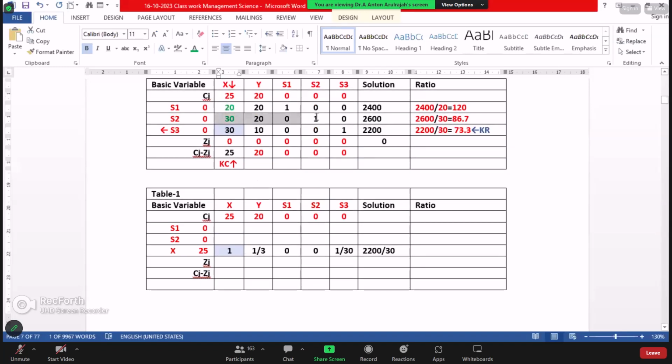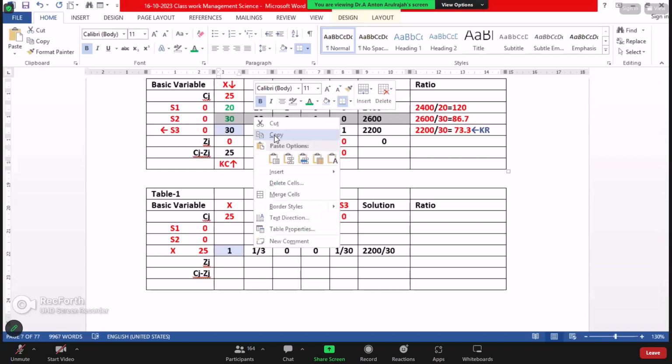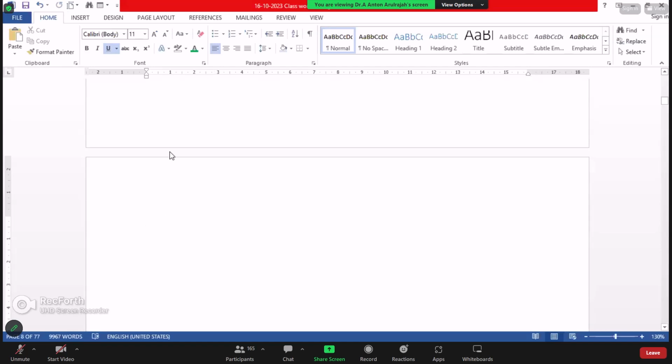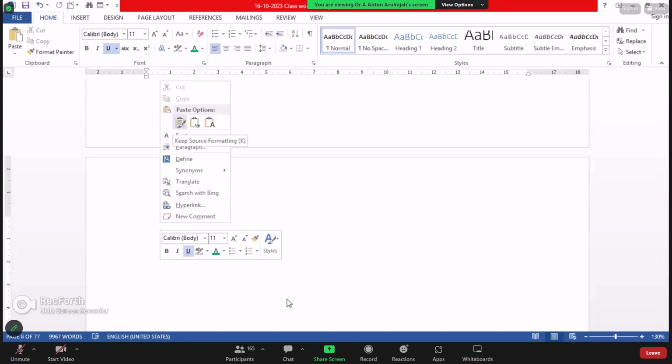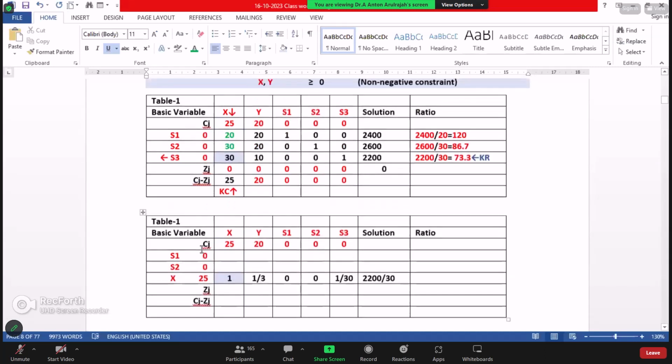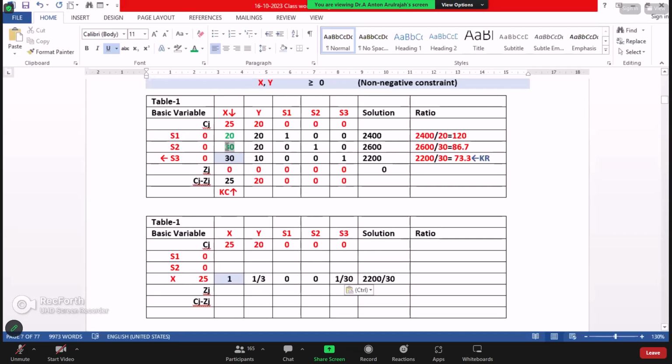Now you have to copy these values, 30, 20, 0, 1, 0, 2006. You have to repeat. So you know which one you have to make 0, this 30.